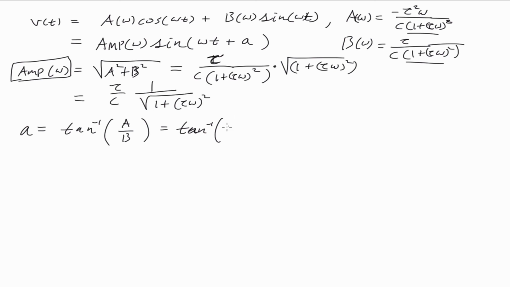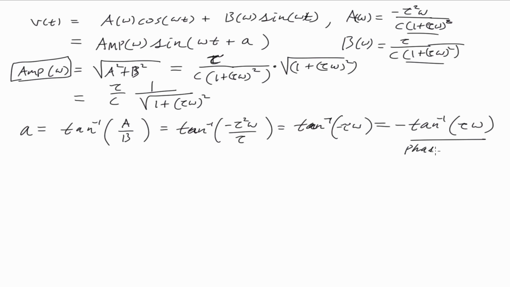So what I'm left with is negative tau squared times omega over tau, which is going to be the inverse tangent of negative tau omega, which I can write as negative inverse tangent of tau omega, because tangent is an odd function, and so is inverse tangent. I can pass the negative right through. So that represents what I call this phase shift. Okay, so phase shift is right there.